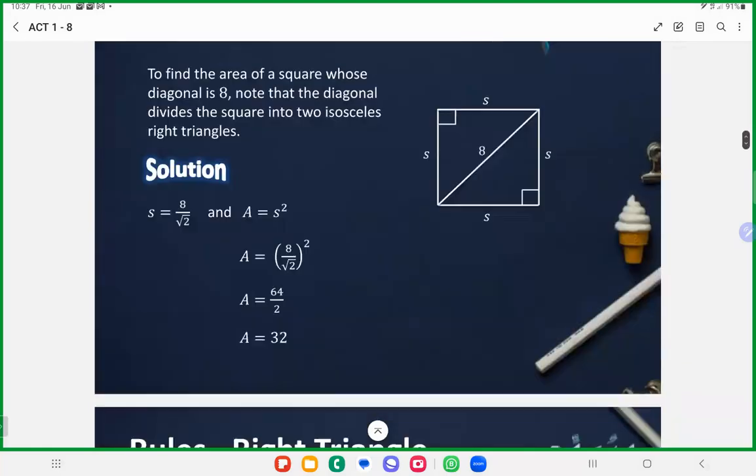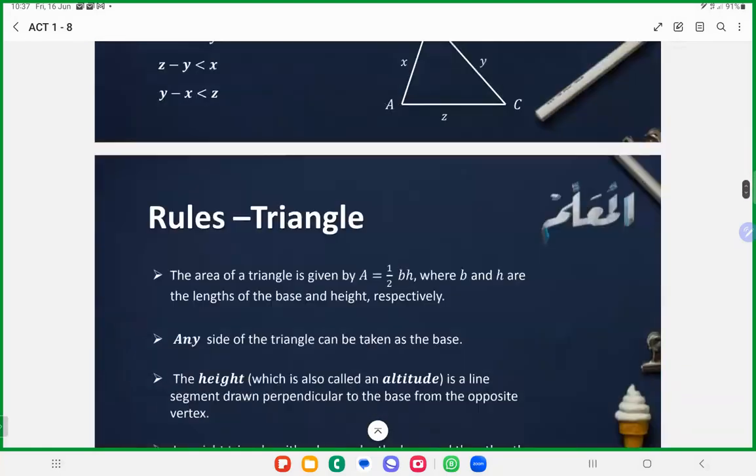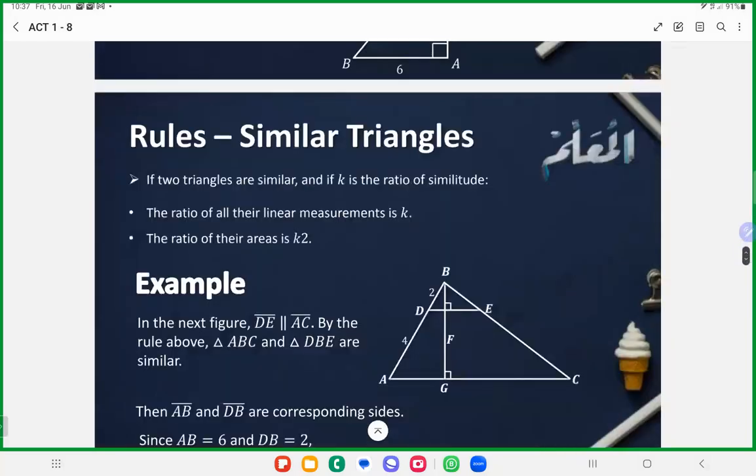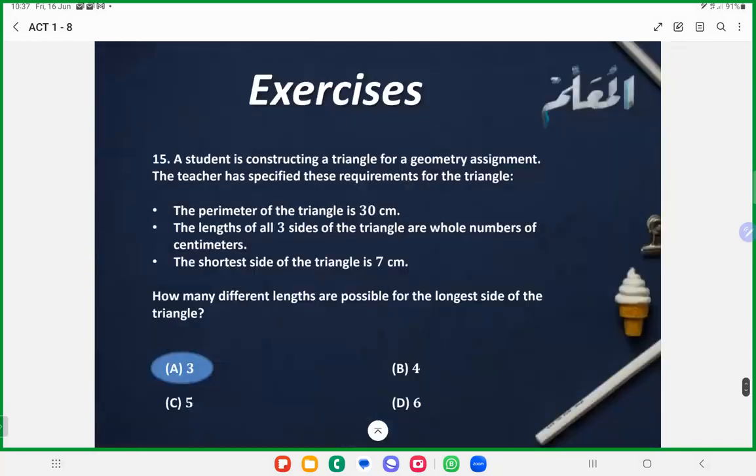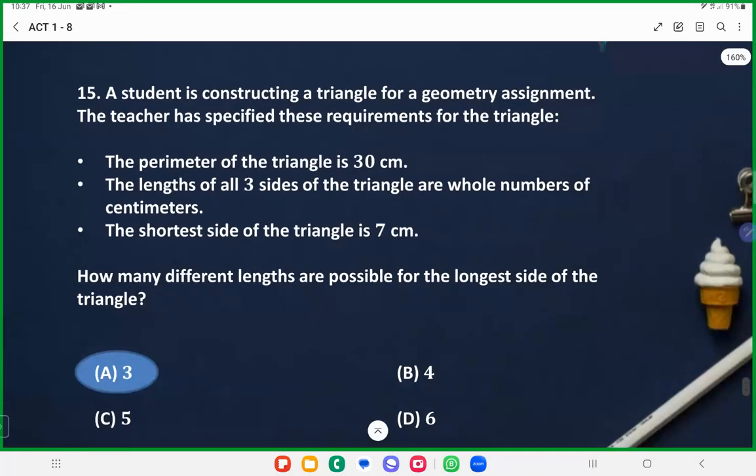There's one question inside this chapter that came in one session. This one came in M1 before. A student is constructing a triangle for a geometry assignment, and the teacher has specified these requirements.